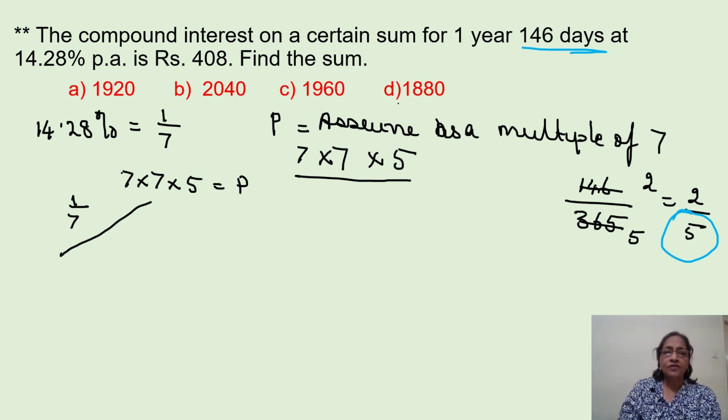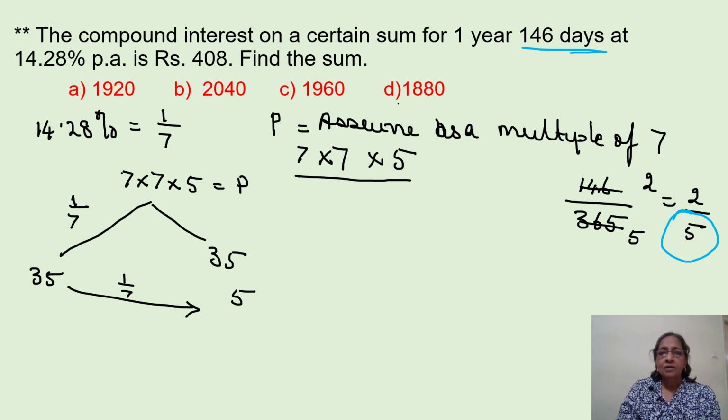So 1/7 of this would be 35. In the second, again I take a 1/7 of this. So this would be 5. $35 for the first year, 40 for the second.